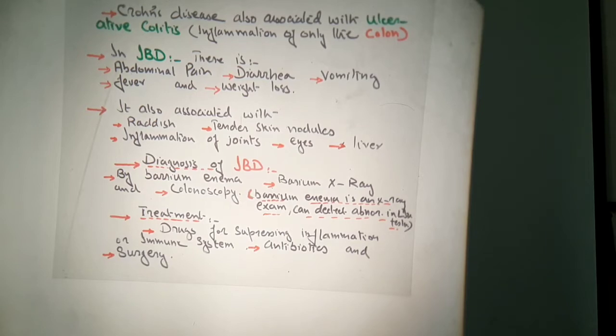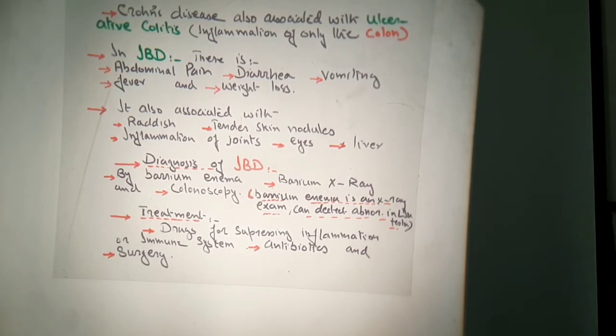Now, how can we diagnose inflammatory bowel disease? The diagnosis depends upon certain techniques such as barium enema. This barium enema helps in X-ray examination and detecting abnormalities in the intestine. You know that barium is a metal.